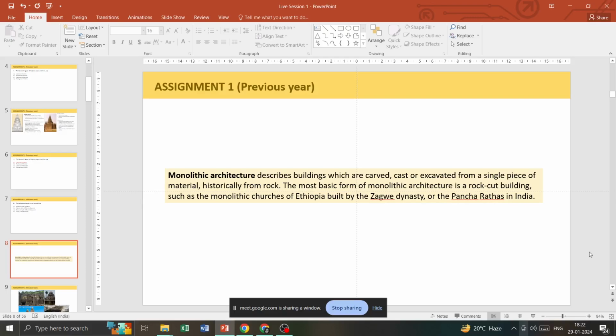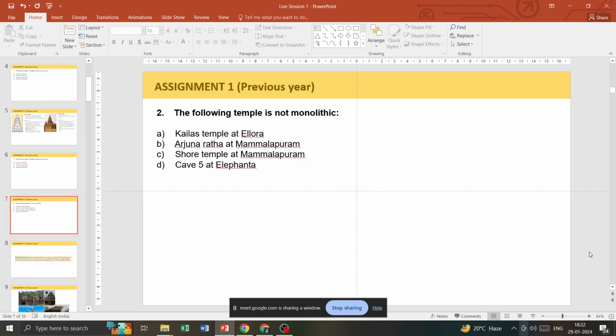So basically, when a building is made out of one single piece, it is called a monolithic building, or a representation of monolithic architecture. When we ask which of the following temples is not monolithic, we are basically asking that out of these four examples, one is not monolithic, others are monolithic, which means they are made out of one material, usually stone, where huge stones have been carved into temples, or caves.